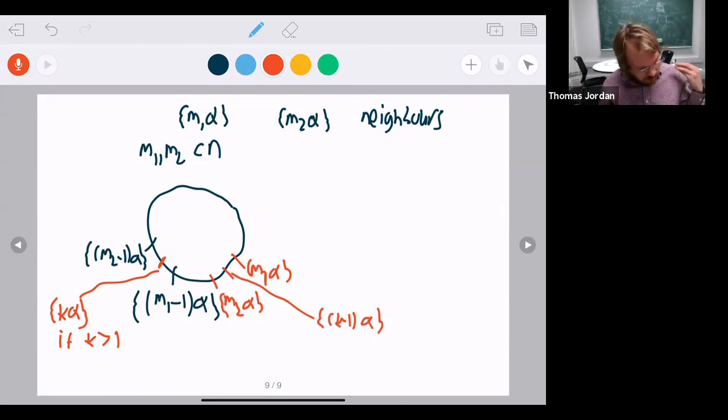And so in this case, M1 alpha and M2 alpha could not be neighbors, which would mess up our original assumption.